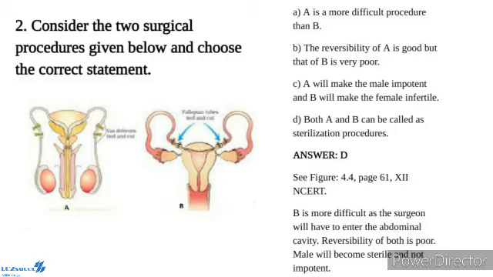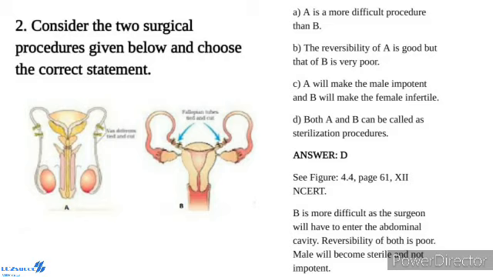In vasectomy, a small part of the vas deferens is removed or tied up through a small incision on the scrotum, whereas in tubectomy, a small part of the fallopian tube is removed or tied up through a small incision on the abdomen or through the vagina.